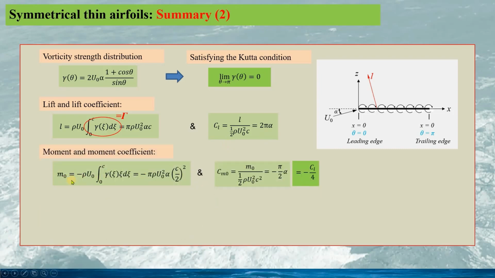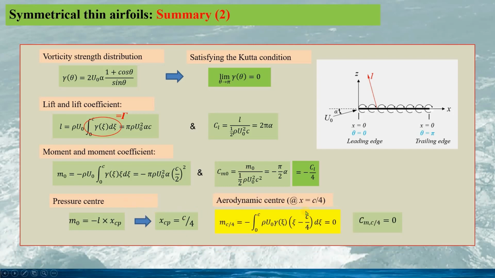The moment with regard to the leading edge is calculated as this, and the corresponding coefficient is given as this and this. The pressure center can be determined using this formula, so we can see the pressure center x_cp is at quarter chord.